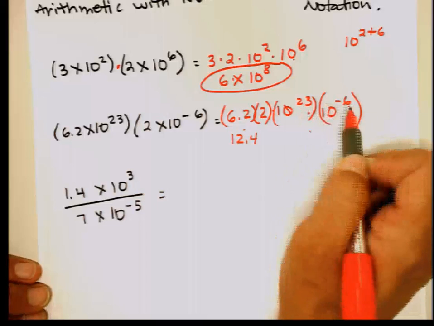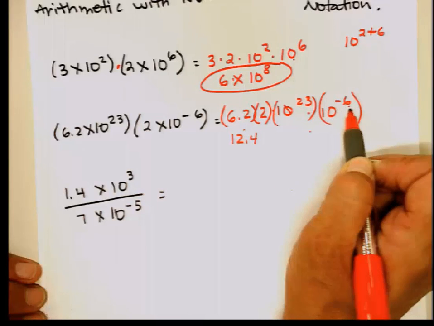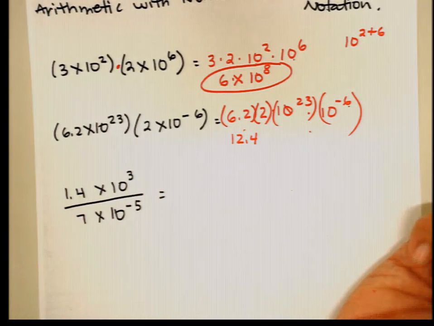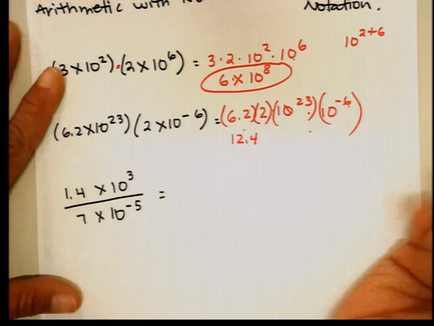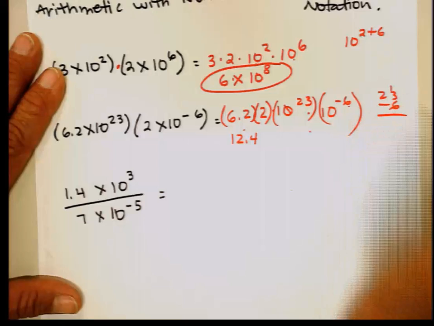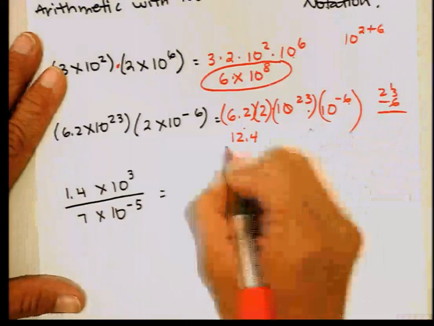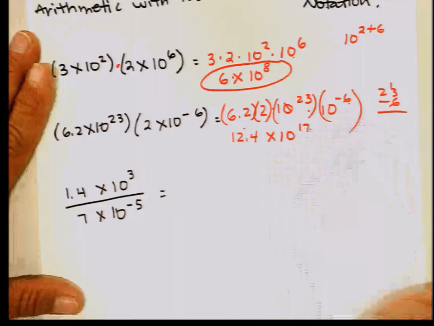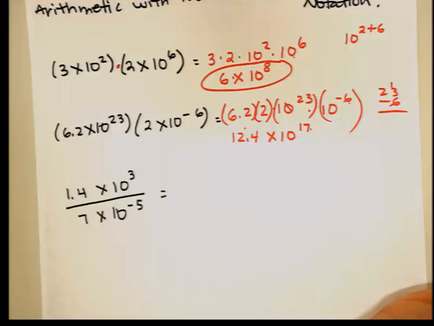Well, 23 plus negative 6 is the same thing as 23 minus 6. So there are always options. So I have 23 minus 6, looks like 17. So 12.4 times 10 to the 17, right, which is correct. That is a correct answer.